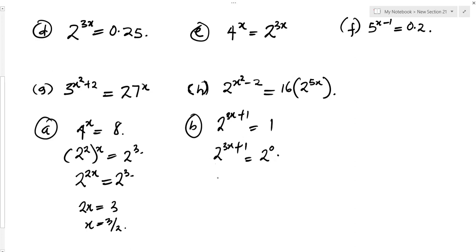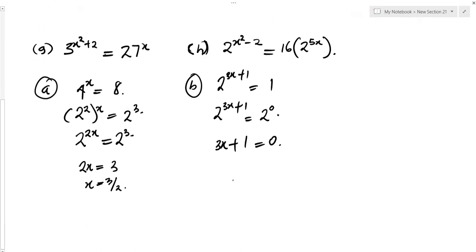Now equating the powers, you have 3x plus 1 is equal to 0. Adding minus 1 to both sides of the equation, the 1s cancel out, and you have 3x equal to minus 1.